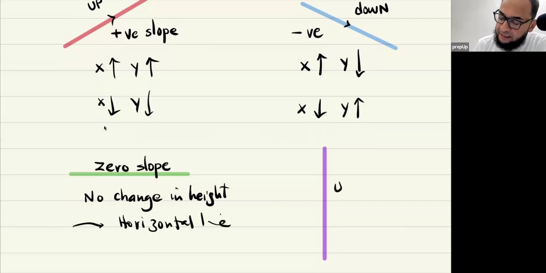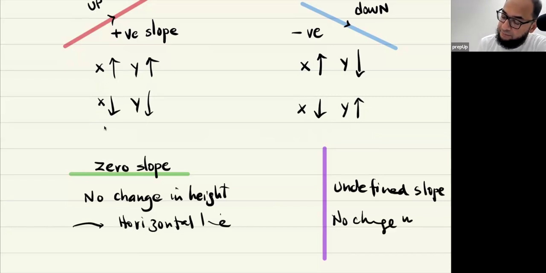Whereas this line has an undefined slope, and there is no change in base. As opposed to height, I'm using the terminology base. And this is a vertical line.